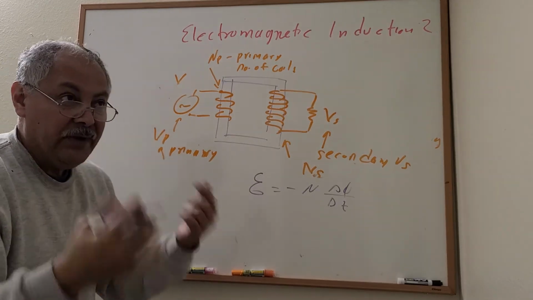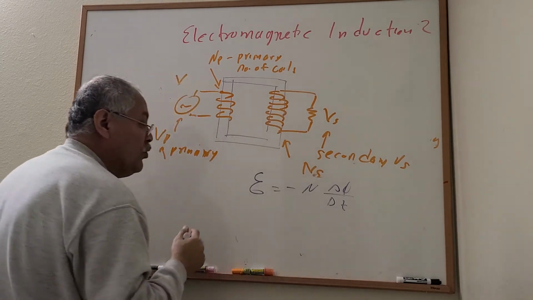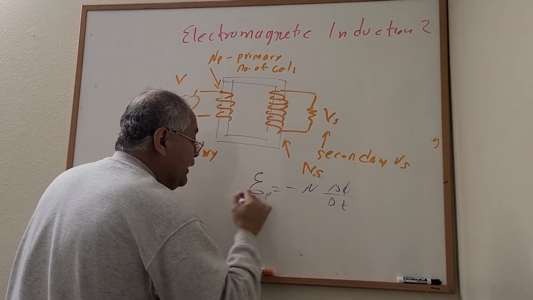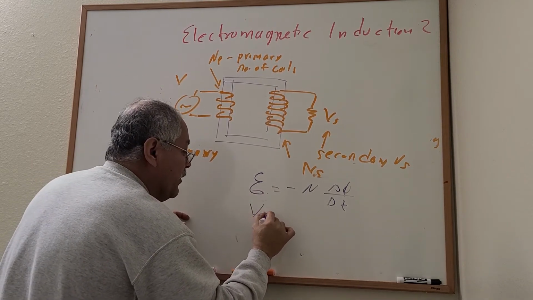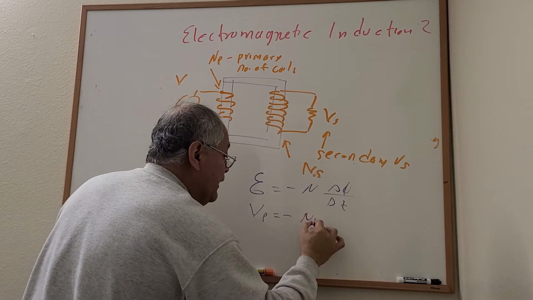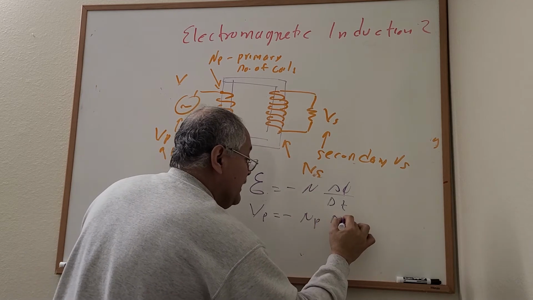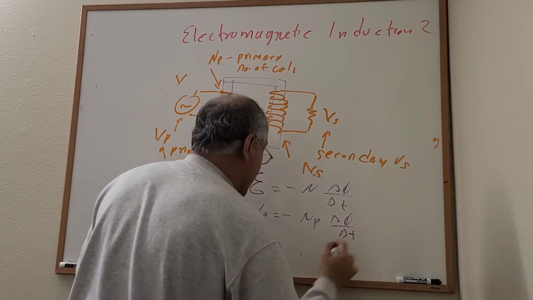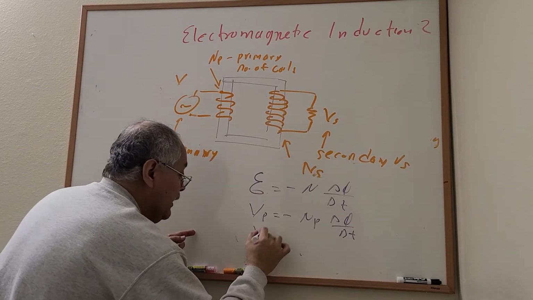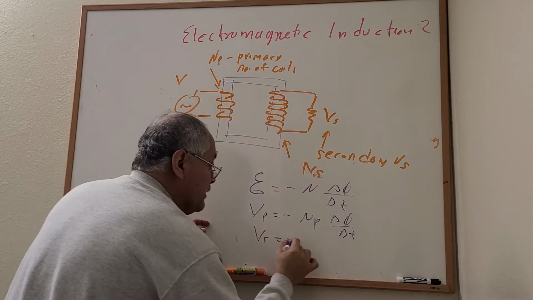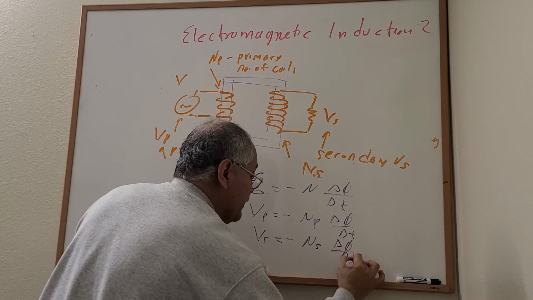Because of conservation of energy, these two are supposed to be the same. For the primary case, usually we use voltage: the primary voltage is equal to negative NP times the change in the magnetic flux with respect to time. For the secondary, the secondary voltage is equal to negative NS times the change in the magnetic flux with respect to time.